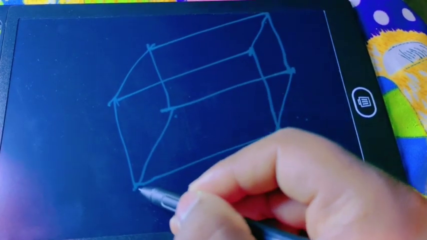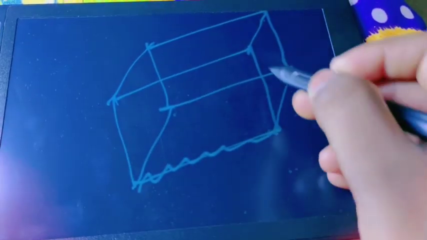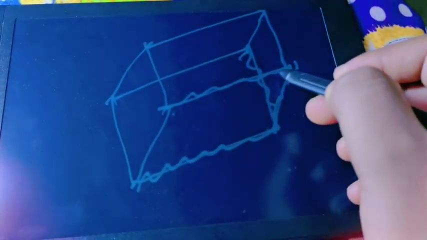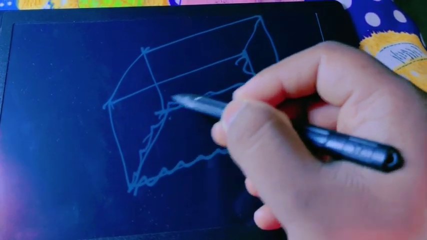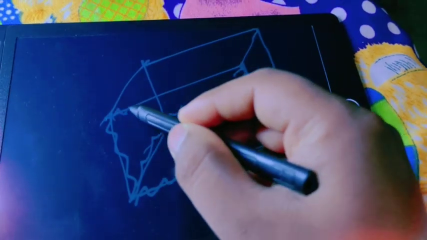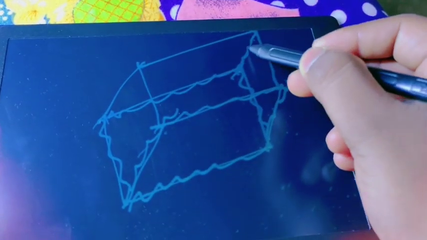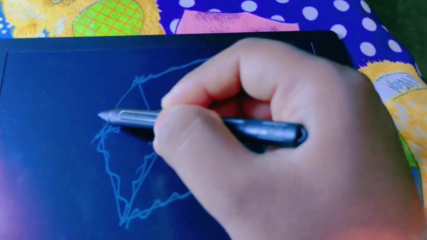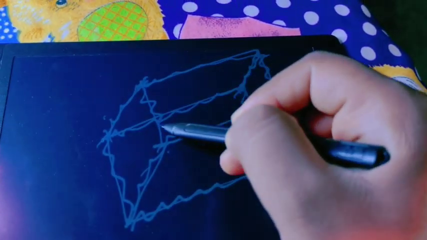A cuboid has 12 edges: 1, 2, 3, 4, 5, 6, 7, 8, 9, 10, 11, and 12.